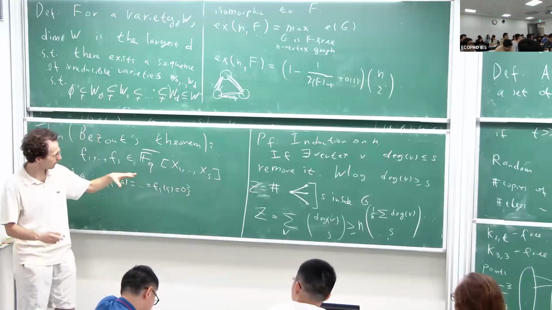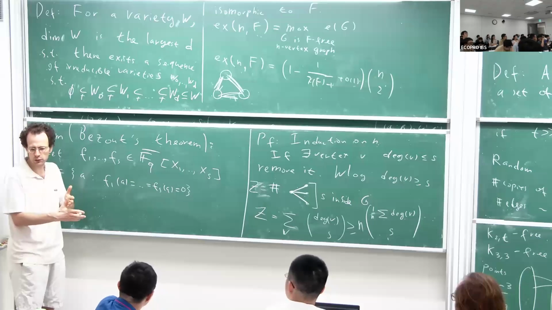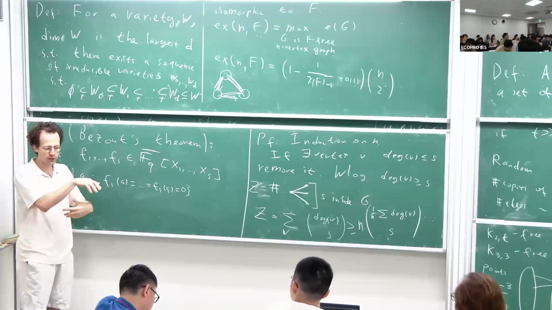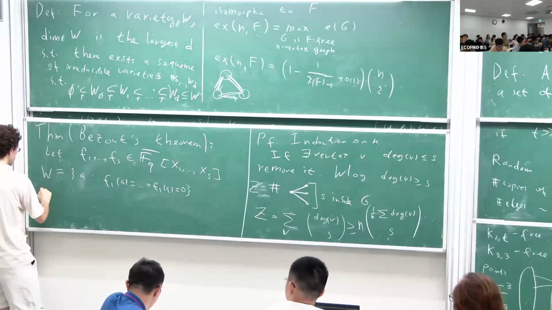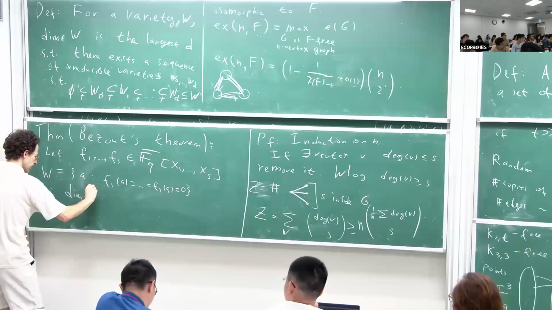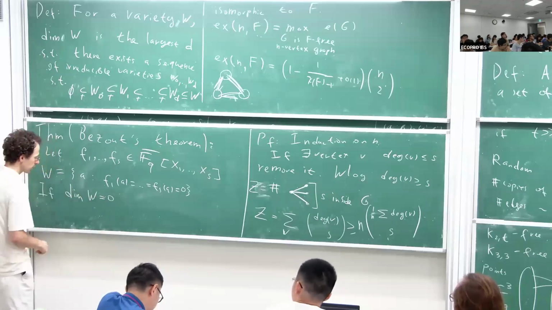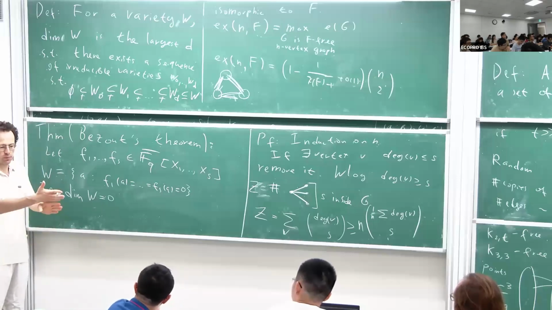I have a plane and I have two equations, and I'm looking at the common set of solutions of the two equations. So I'm intersecting two curves. Each equation defines some kind of curve. It might happen that when I intersect two curves, I'm going to get a curve, like maybe they're the same curve.